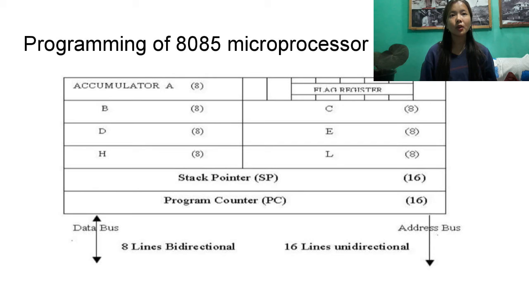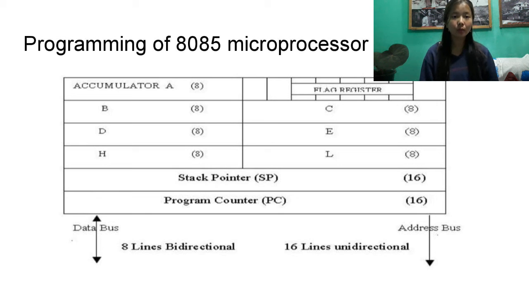The microprocessor uses this register to sequence the execution of instructions. The function of the program counter is to point to the memory address from which the next byte is to be fetched. When a byte, which is known as the machine code, is being fetched, the program counter is incremented by 1 to point to the next memory location.